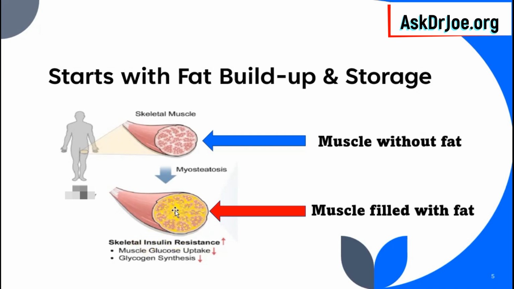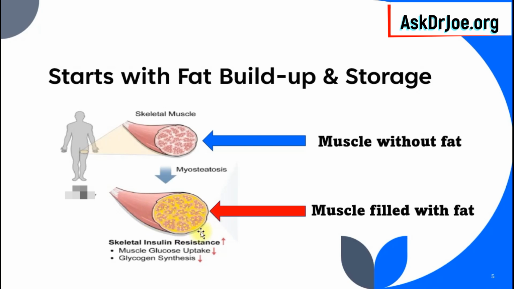So once you have that fat buildup and storage in the muscle, it will begin to reject the glucose in the circulation. So you have what we call reduced glucose uptake. The muscle will say, no, I don't want the glucose at all because I am stuffed with fat.